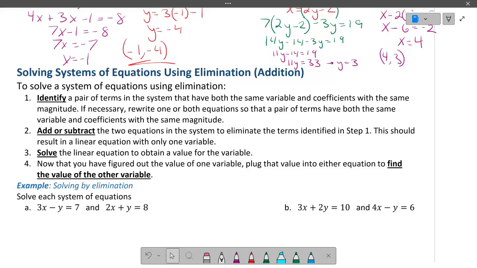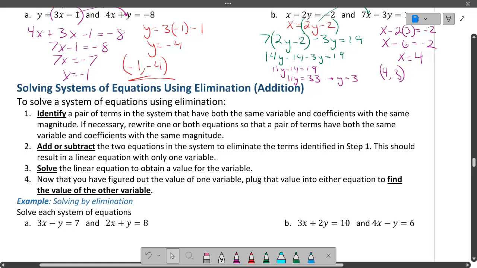So elimination, sometimes called the addition method or the subtraction method, the goal is eliminating a variable by either adding or subtracting the equations. So we want to identify a variable where the coefficients are the same magnitude in each equation. So either they're the same value or they're opposites.